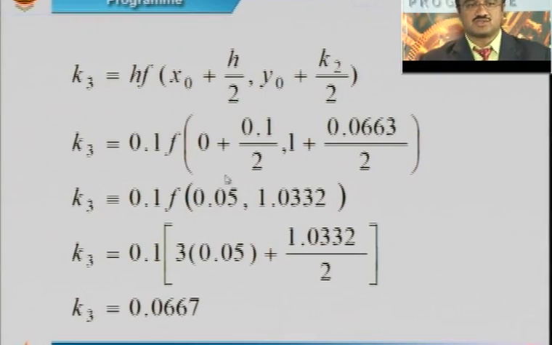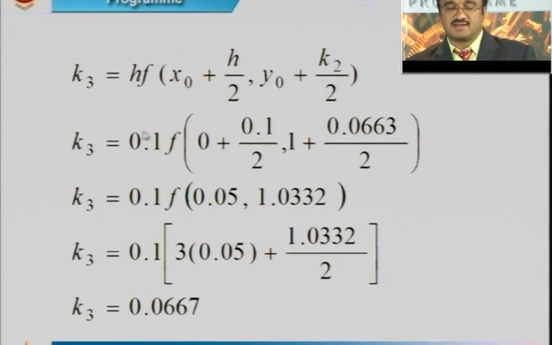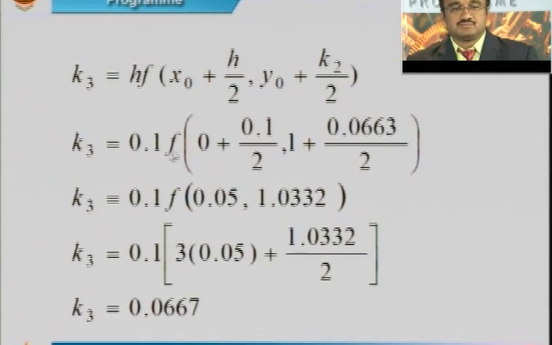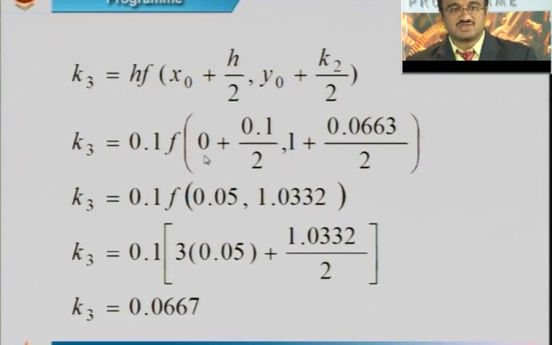Next k3. Now for the k3 value, again use the formula h into f of x0 plus h by 2 comma y0 plus k2 by 2. Then again h is 0.1, then x0 value 0, and again h value 0.1 by 2 comma y0 is 1 plus k2 value, what we obtained in the previous step, 0.0663 by 2.